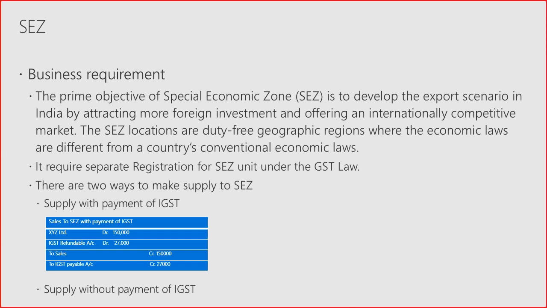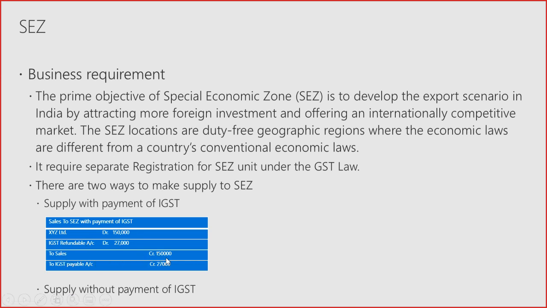Another thing is there are two ways to make supply to SEZ. One is you make the supply with payment of IGST. The posting will be like this. The first line is account receivable. Unlike the normal sales, you will debit to an IGST refundable account instead of tax recoverable account.